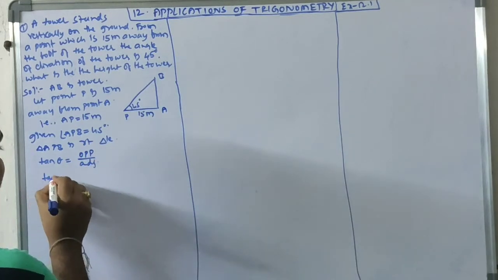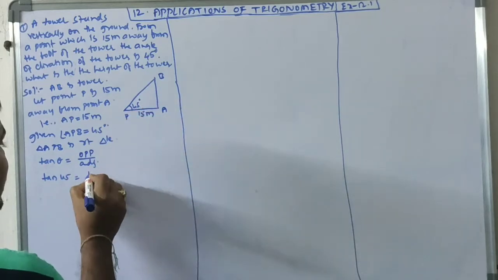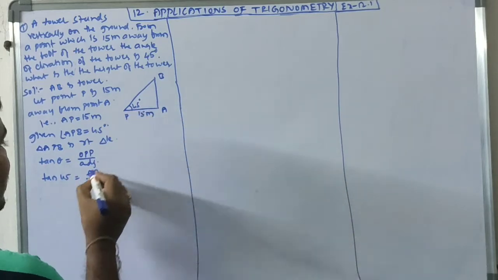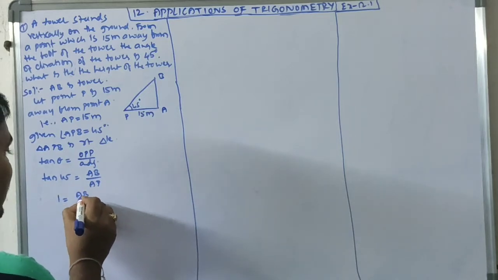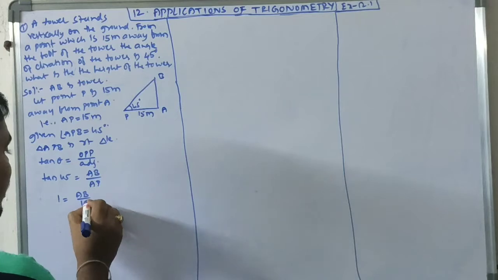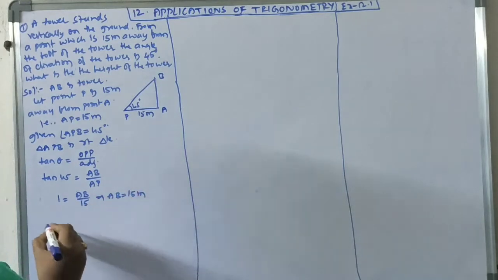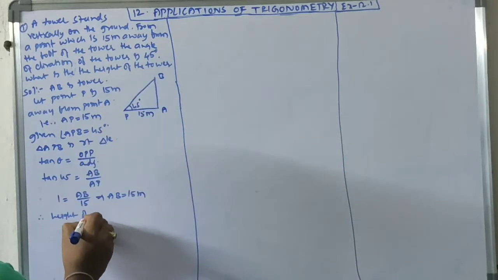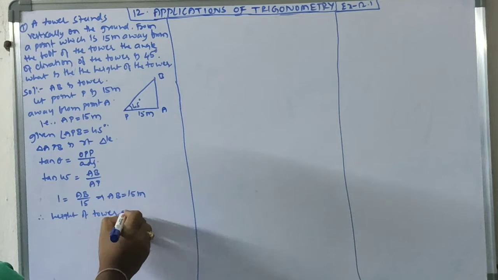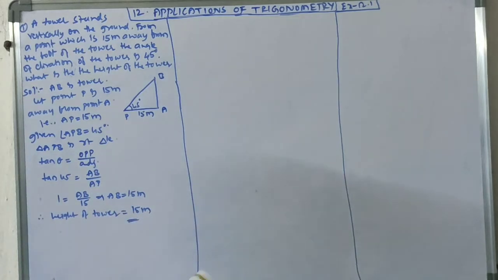Tan 45 equals AB by AP, so 1 equals AB by 15. Cross multiply: AB equals 15 meters. Therefore the height of the tower AB equals 15 meters. This is the required solution.